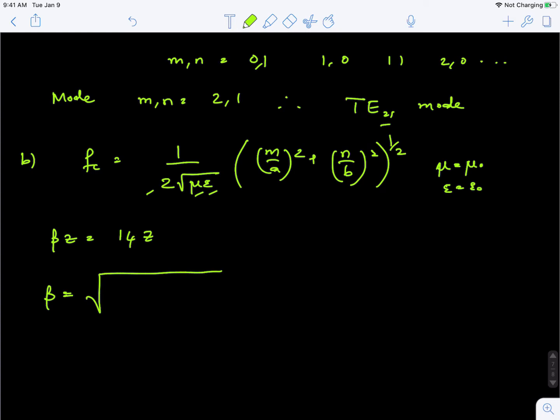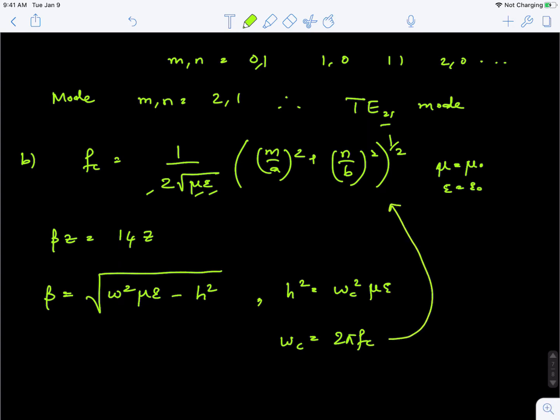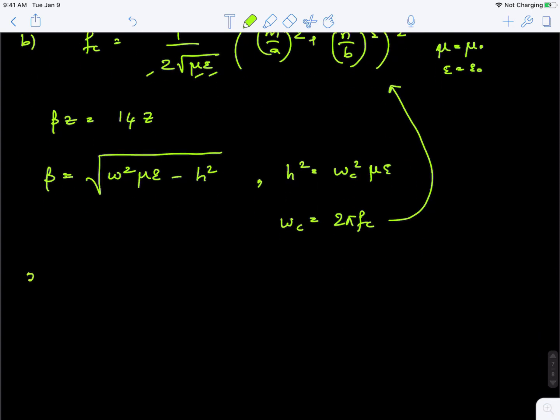So the formula for beta is equal to the square root of omega square mu epsilon minus h square, where again h square is equal to omega c square mu epsilon, and omega c is equal to 2 pi fc, and the formula for fc is already here, right? So let's rewrite beta is equal to the square root of omega square mu epsilon minus omega c square mu epsilon.